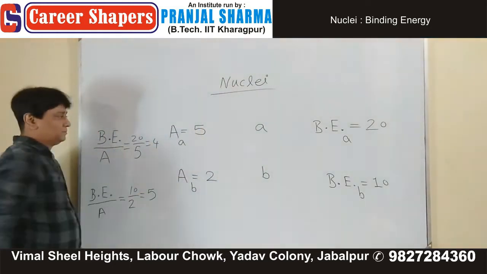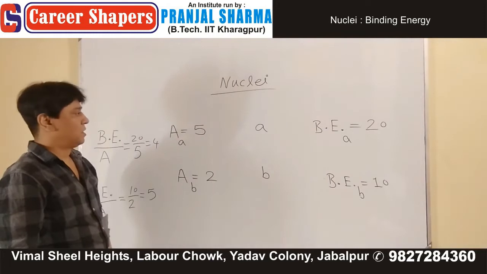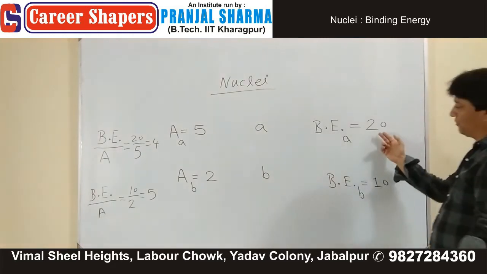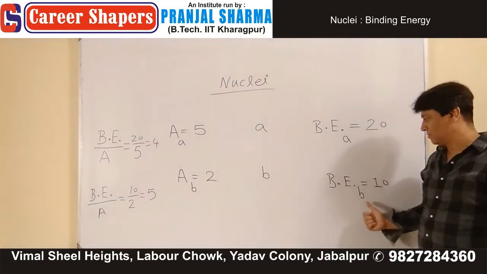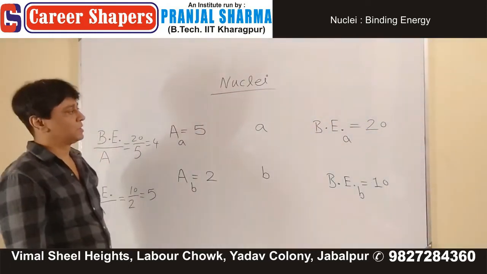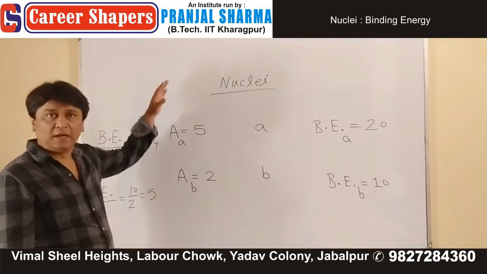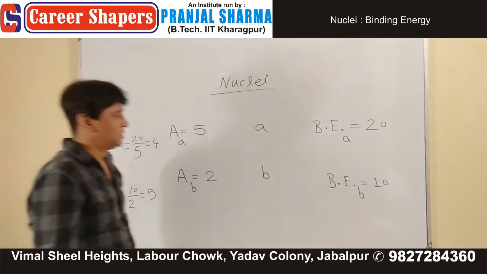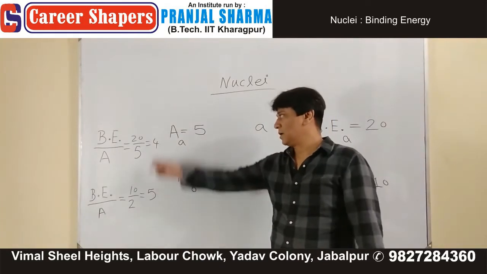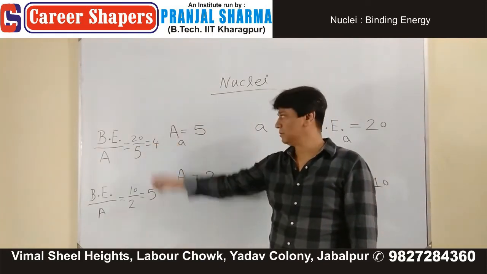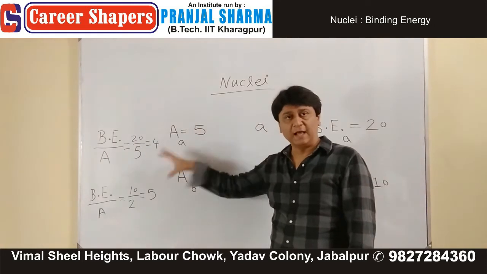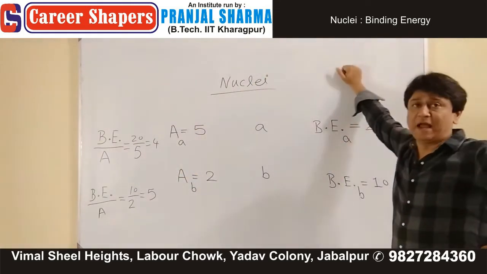In the given example, although the binding energy of A is greater than that of B, it is less stable, because the binding energy per nucleon for A is less than that for B.